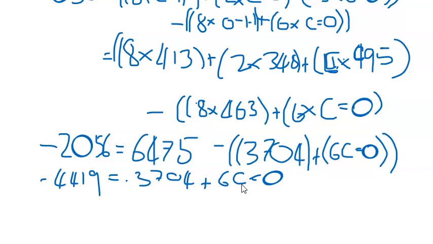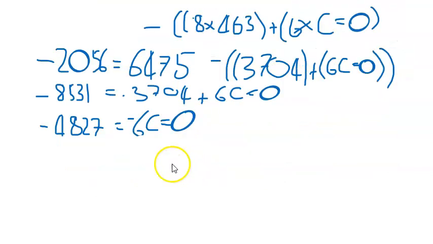Oh, excuse me, I've got the wrong value, so I've just fixed that up here. It should have been 8,531, because I should have done negative 2,056 minus 6,475. And then if I add 3,704 to that value, I get negative 4,827, and I can cross this off that side. So what we end up with is this value equals negative 6 times the carbon to oxygen bond.